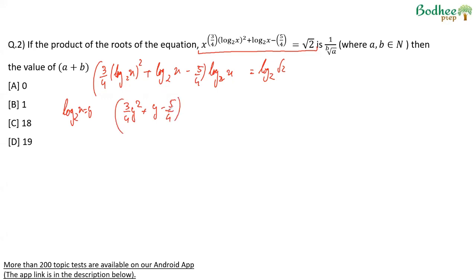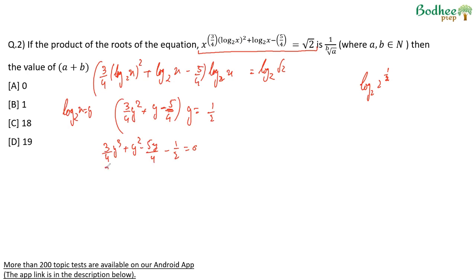And log of x to the base 2 will also be y. What will be log of root 2 to the base 2? Root 2 is 2 raised to power 1 by 2. Log of 2 to the base 2 is 1, 1 by 2 comes forward, so 1 by 2. And therefore, 3 by 4 y cube plus y square minus 5y by 4 minus 1 by 2 is 0.